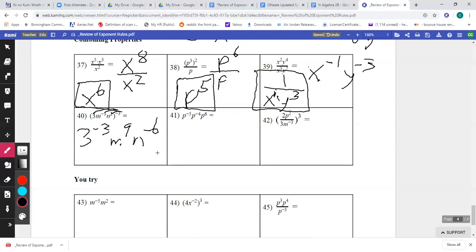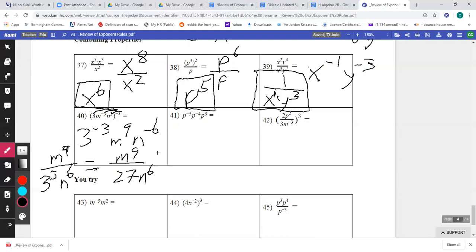So I know m to the 9th will stay on top. Then the negatives will flip to the bottom. So this will become 3 to the 3rd, n to the 6th. And then 3 to the 3rd is 27. So your final answer here is m to the 9, over 27, n to the 6th.